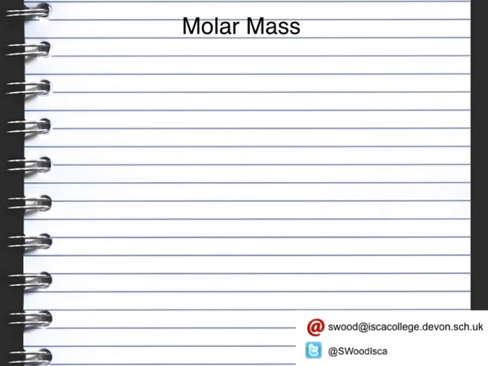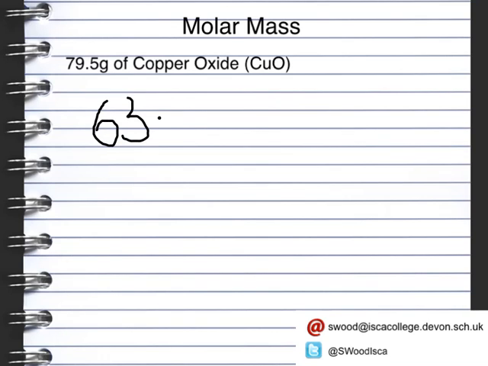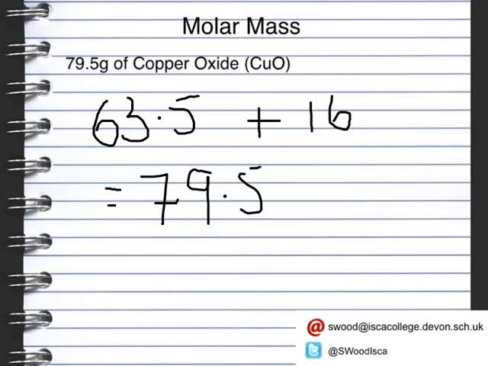Now the first example we're going to look at is if we took a mass of 79.5 grams of copper oxide. We can have a look at how much we actually have in there. Now the molar mass, coincidentally, of copper oxide, we can work it out. It's 63.5 for the copper plus 16 for the oxygen, which coincidentally gives us 79.5 grams per mole.